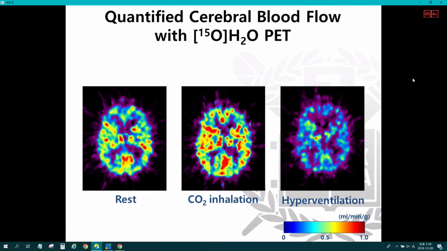So that's the reason why MRI perfusion imaging of the brain uses CBV, cerebral blood volume imaging, in addition to CBF, cerebral blood flow. So increasing cerebral blood volume is related with increasing cerebral blood flow. In the heart, it's not enough. So let me come back.